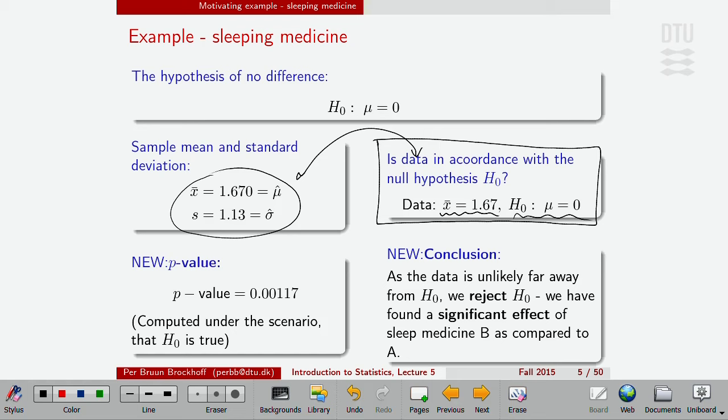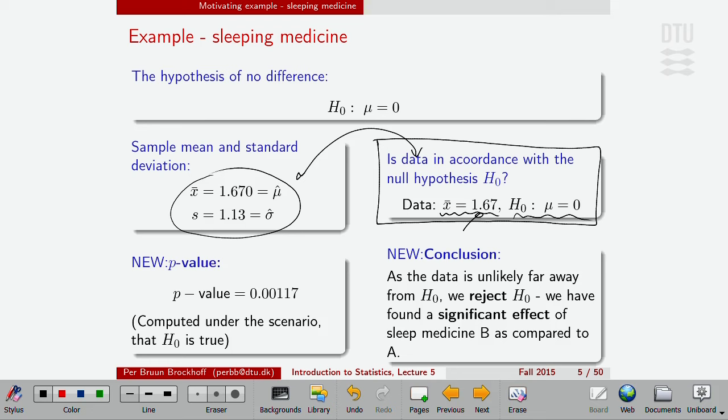The way we're going to do it is to look at the data from the null hypothesis. So we put ourselves in the null. Let's assume that B is not better than A, just as a thought experiment. If there is no difference, would it then still be likely to see 1.67 hours?